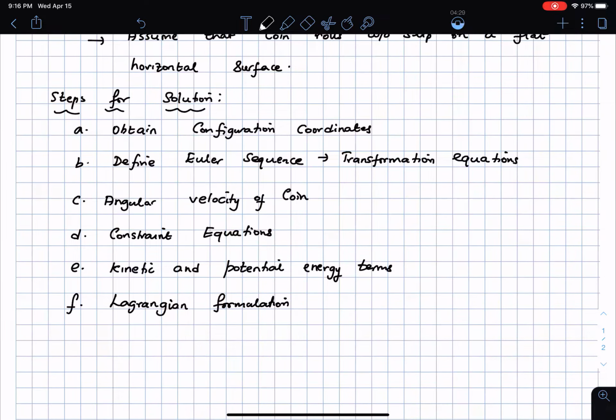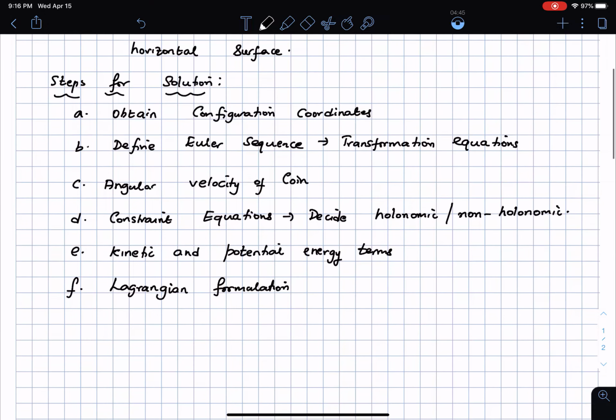The constraint equations allow us to decide whether the system is holonomic or non-holonomic. All right, so these are the steps.